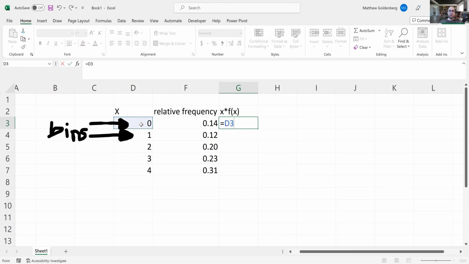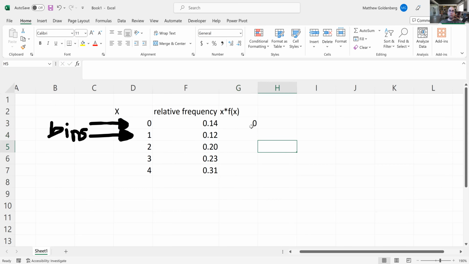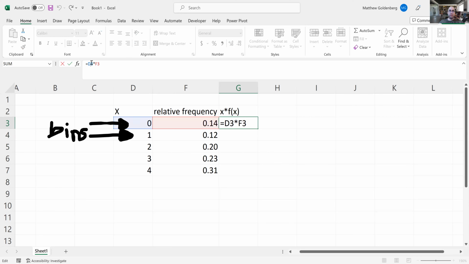Equals 0 times 0.14. And then this next one is 1 times 0.12, 2 times 0.2, 3 times 0.23, and 4 times 0.31. I'm just going to roll this formula down. As you can see, it is D3 times F3. And because I have no dollar signs, it's just going to roll straight down when I copy it down.